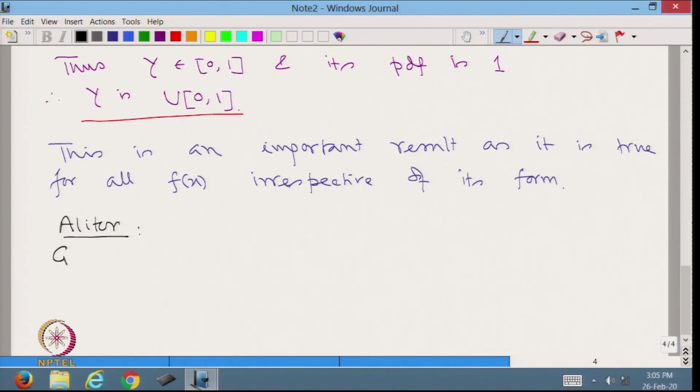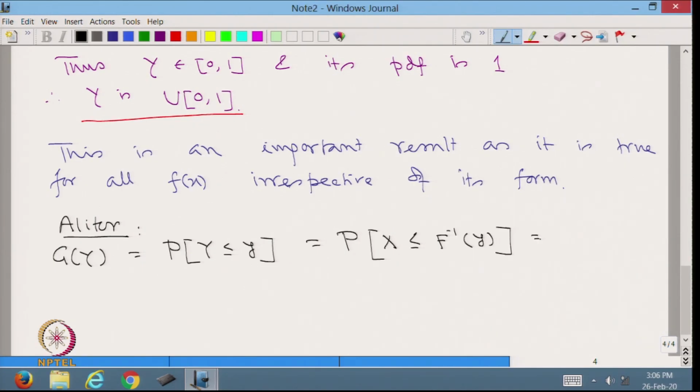G of y is equal to, say, probability y less than or equal to y, is equal to probability x less than or equal to F inverse y, is equal to F of F inverse y, since F is the CDF of x, is equal to y.